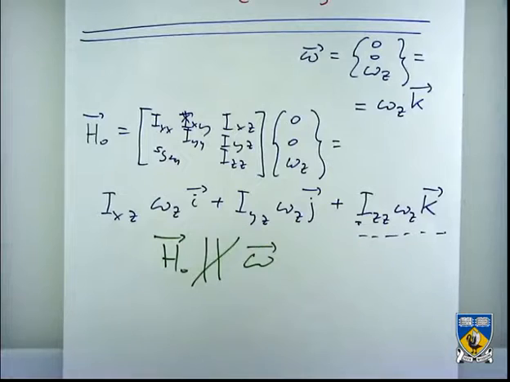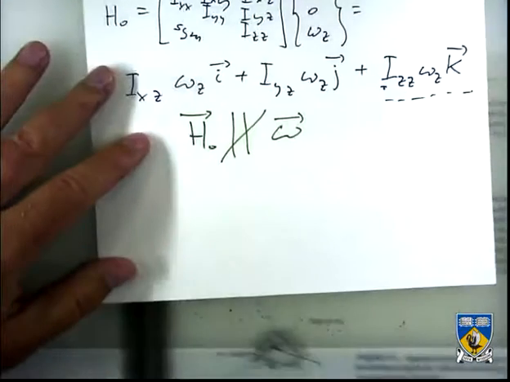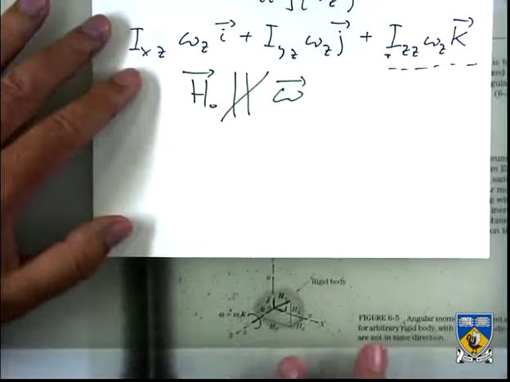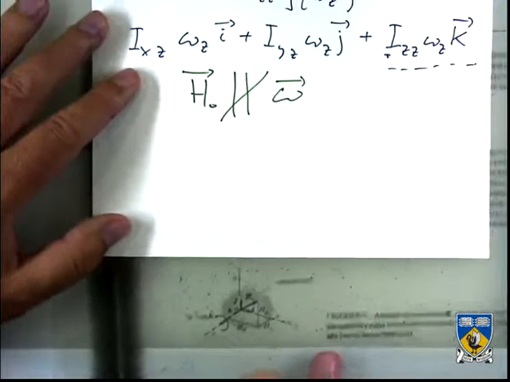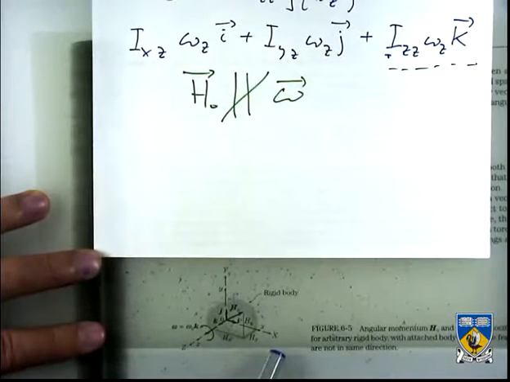So I have even a picture for this, which is also very scary, right? For a general rigid body, you can have angular momentum in one direction and angular velocity in some other direction because of this.